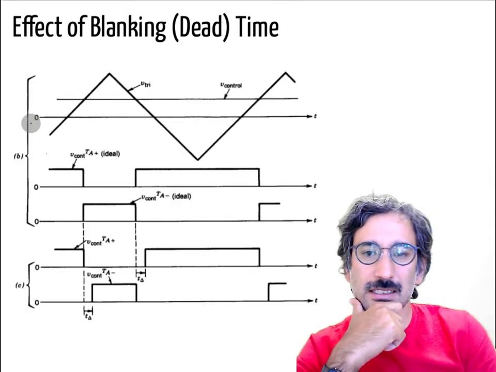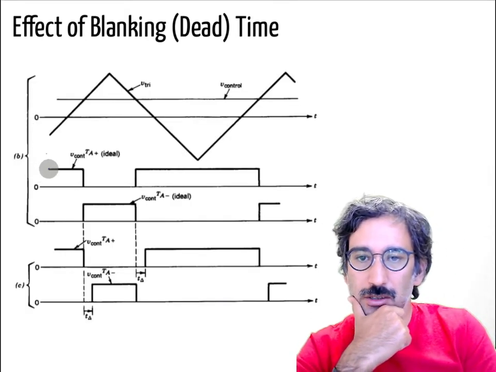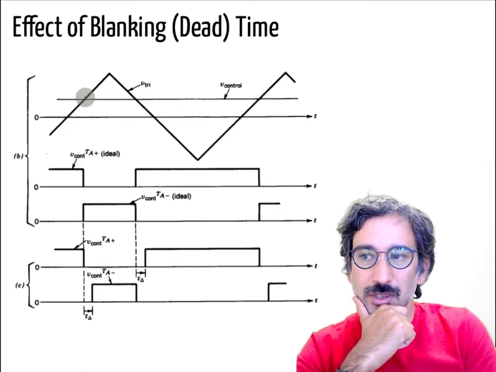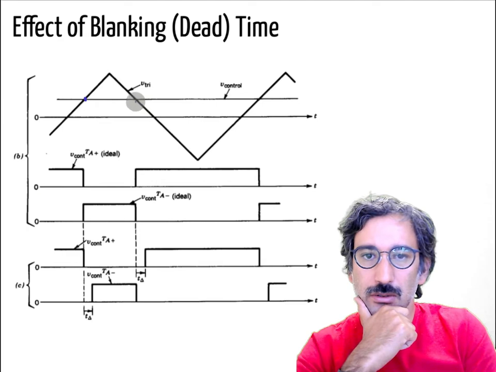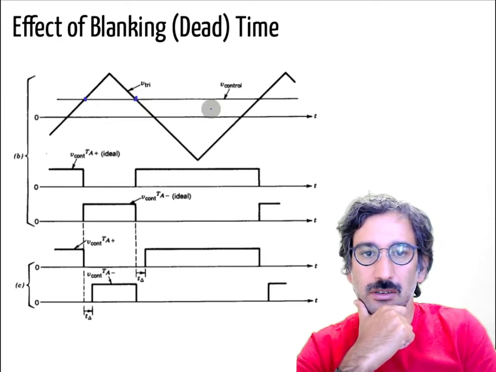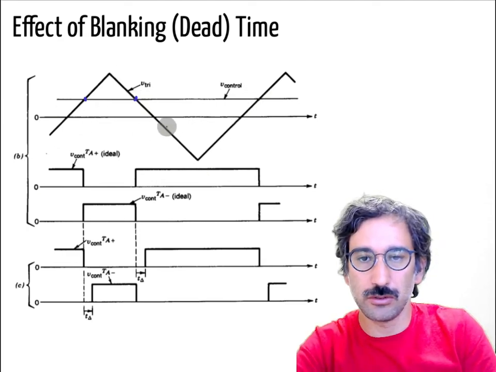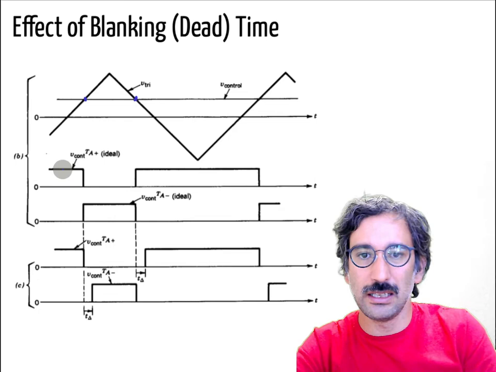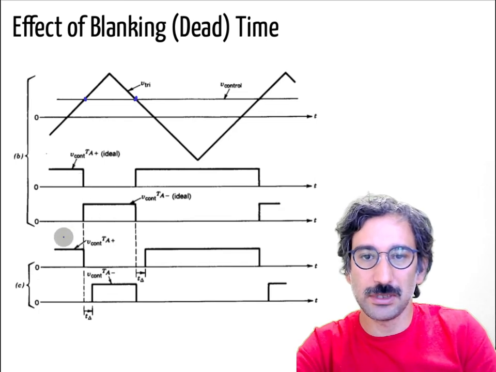And the idea is, this is normally our control signal. At that instant, we use a comparator, so that is our comparator, and this is our control signal. At that instant, a switching state change will happen. Let's say we turn off the top switch and turn on the bottom switch.